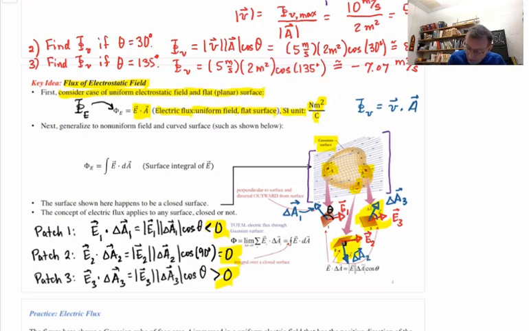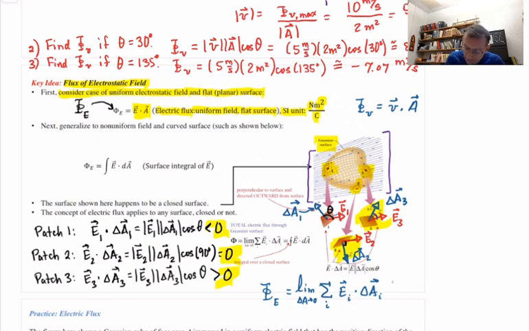So then the total electric flux is what you get when you add up over all the patches the fluxes through each one, the Ei dot delta Ai, but then you have to pass to the limit as the area of each little patch, delta A, approaches 0. So the delta A's become dA's, little infinitesimal area vectors.